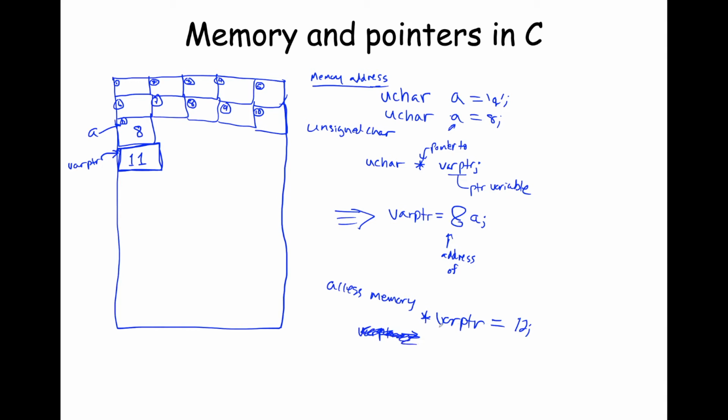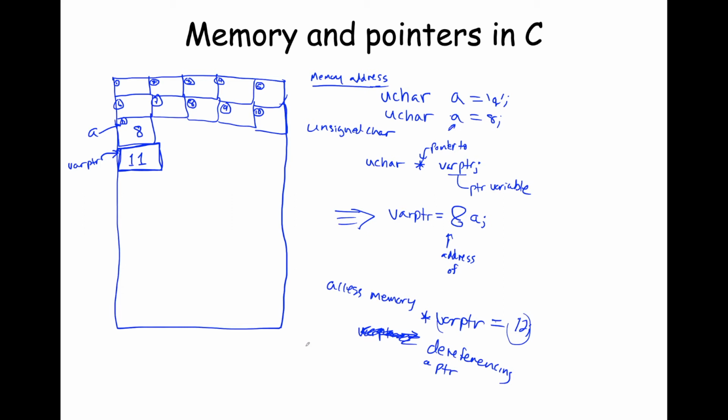That var pointer, when I use this star notation, I'm saying take whatever that pointer variable was, go to the memory location that's stored in that pointer variable, and now assign to that this 12. That's also called dereferencing a pointer.